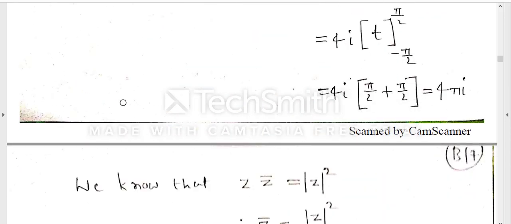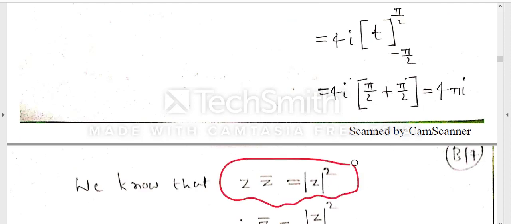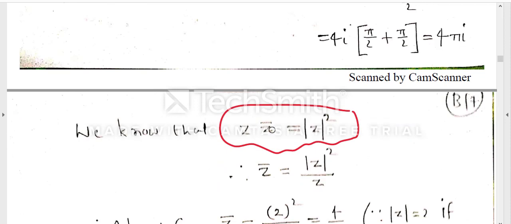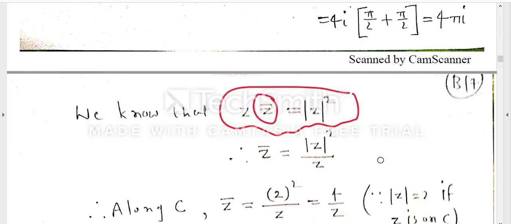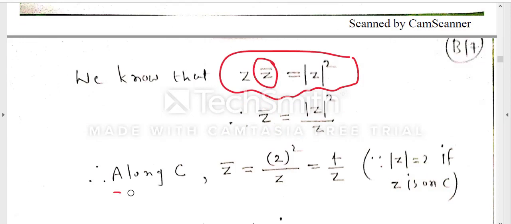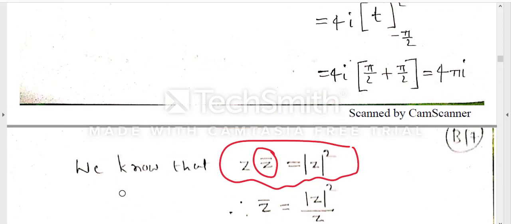So how to evaluate that using this integral? We are going to use this property of the absolute value of a complex number. We know that z into z bar is the square of mod z. So z bar can be written as mod z square divided by z. Now our contour is a circle, and the radius of the circle is 2.